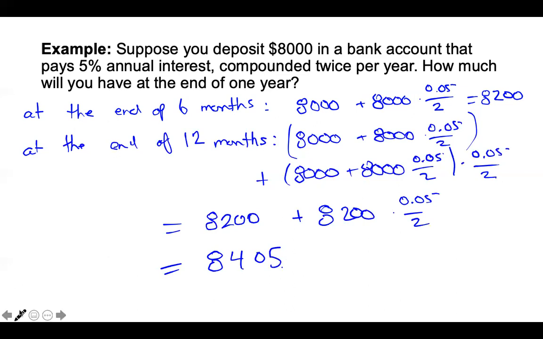So the formula that we have just seen here, we're essentially taking the principal times 1 plus the rate, divided by 2, to the exponent 2, where our time here is 1, and this is just 1 year.